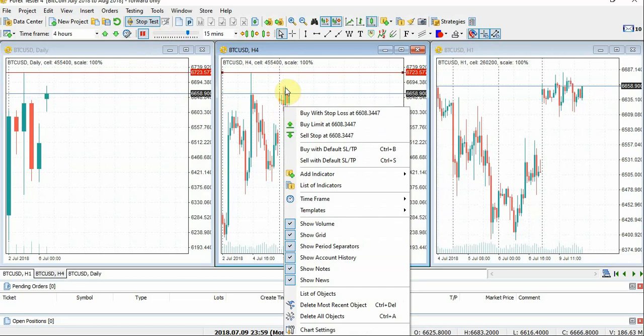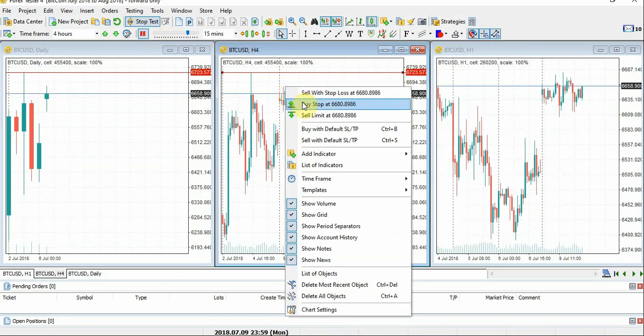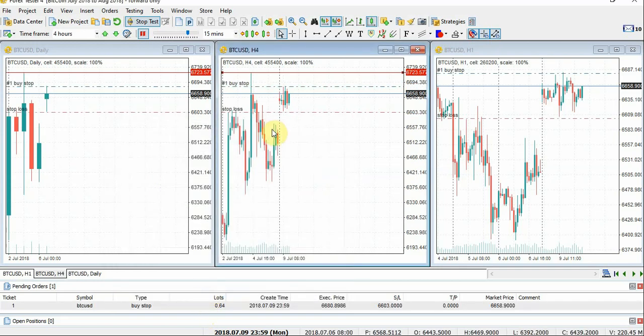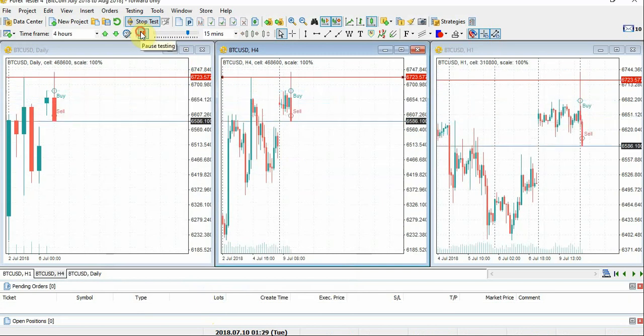Actually, we can try to just put it here. Buy stop above the day's high. Stop loss is going to be at 66.03. And let's see if we can actually break through the top there.